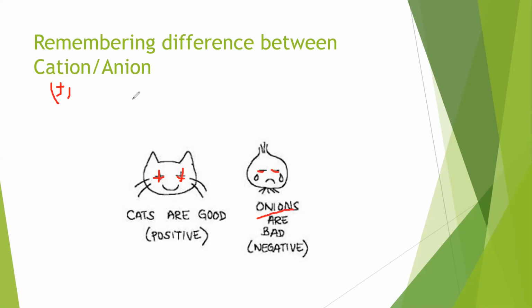You could think of them as a negative charge. This is a cute little way to remember the difference between a cation and an anion. So remember, cations lose electrons to form a full valence shell, and then they become positively charged because they have more protons than electrons, and anions gain electrons and become negatively charged.